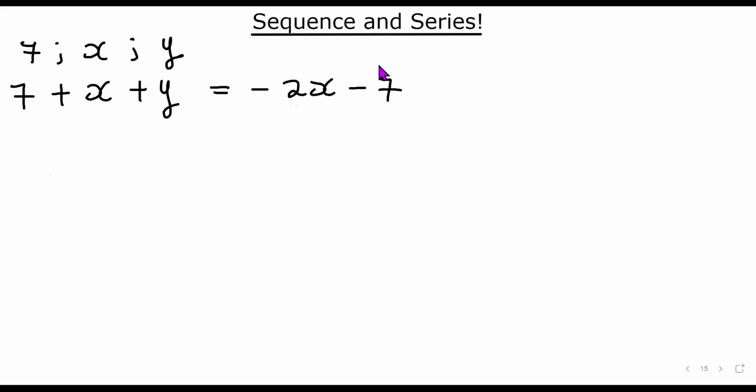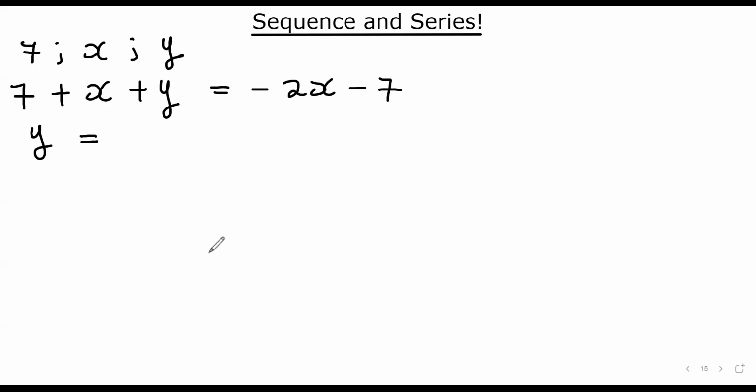Well, what can we do with this? We can try to collect the like terms and get the x's together, or maybe we can make y the subject of the formula, because we only have one equation that has two unknowns. And every time we have two unknowns in one equation, that is a call for simultaneous equations.